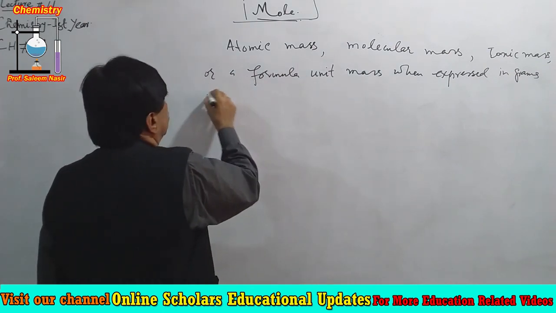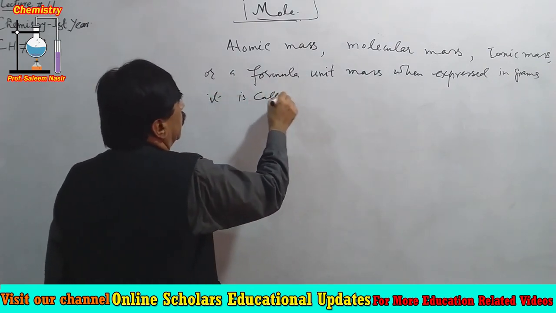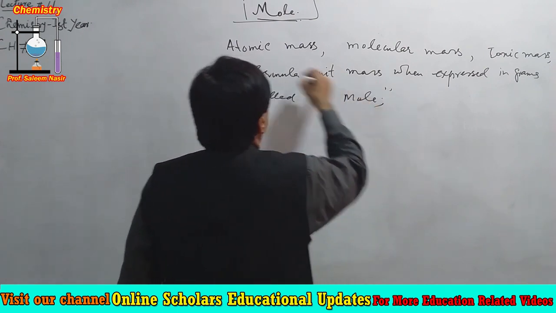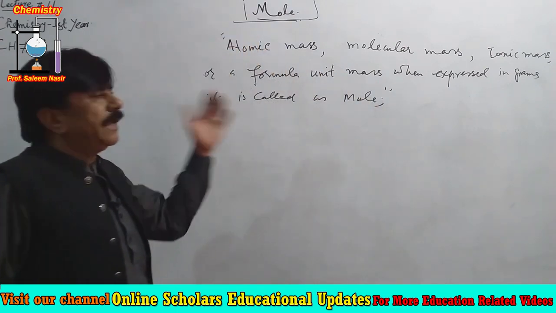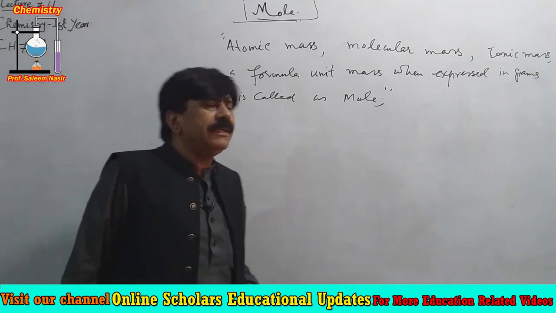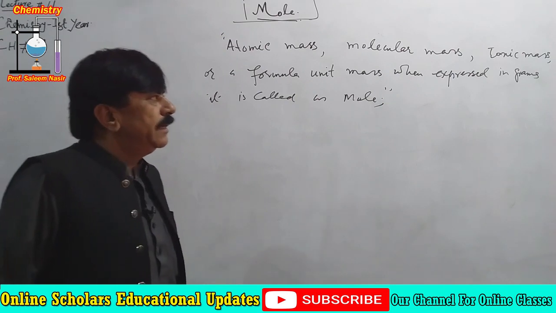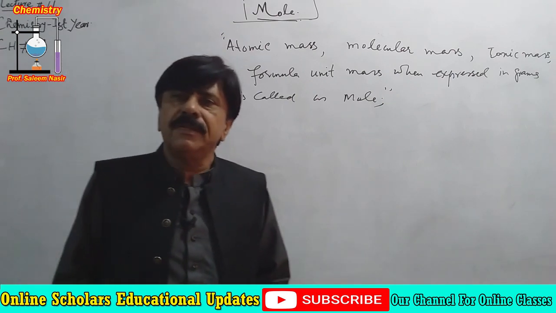When atomic mass, molecular mass, ionic mass, or the formula unit mass is expressed in grams, then it is called a mole.